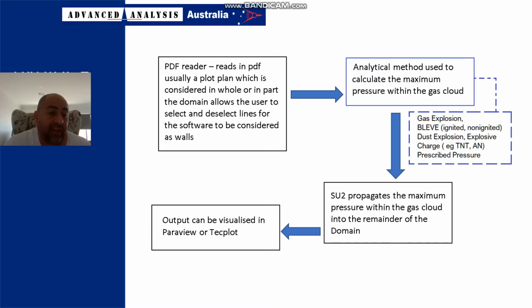There's no need for that, and in fact, CFD software has traditionally been dissipative for explosions, so to not be on the underconservative side, SU2 is configured as a 2D simulation. So you're basically solving at the ground level, and then the output is visualized with PowerView, a very powerful visualizing tool that shows you exactly how your explosion is interacting with the rest of the domain.